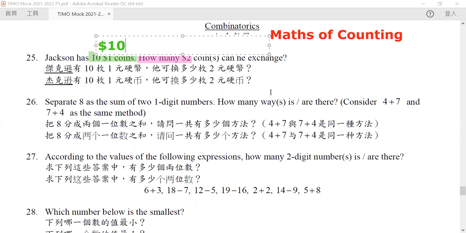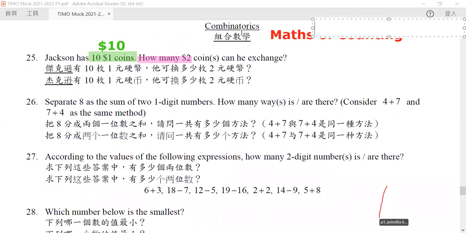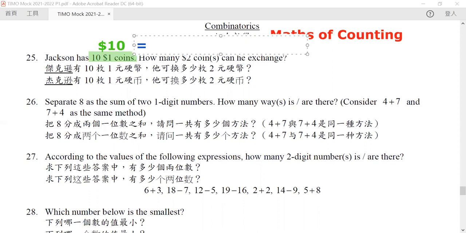But how many dollars should there be if we need to convert them into $2 coins? We can convert them into 5 $2 coins. So our answer is equal to 5.